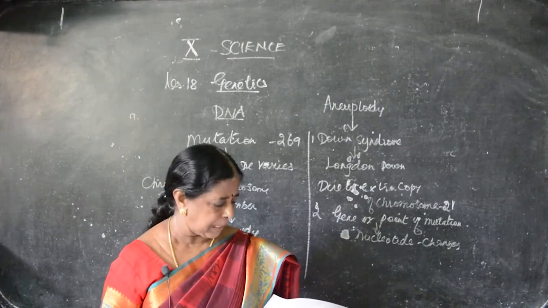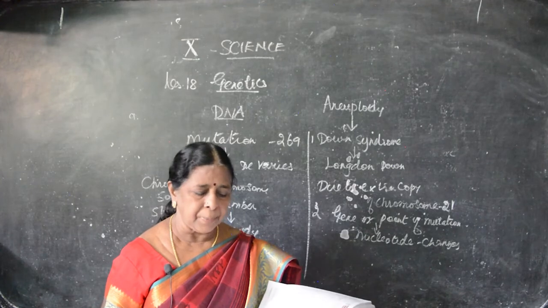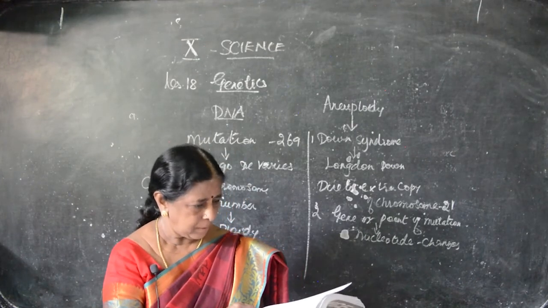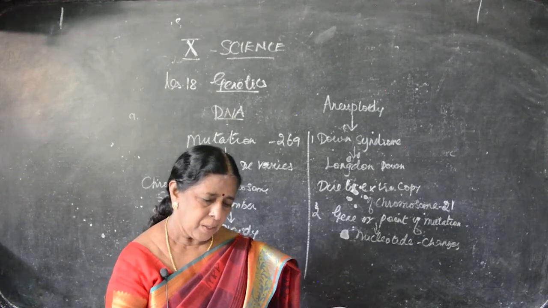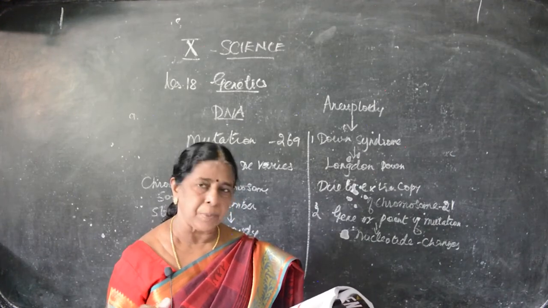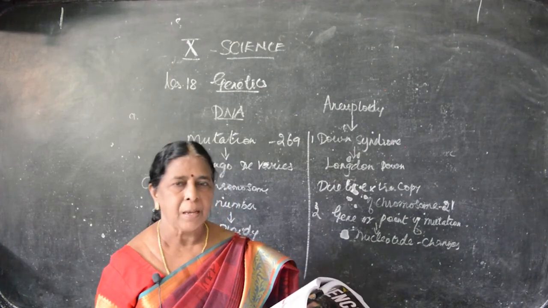What's the reason for Mendel's success? Then he did the hybridization, that is two types of hybrid: monohybridization and dihybridization. Based on the experiments, he formed Mendel's laws: law of dominance, law of segregation, and law of independent assortment.